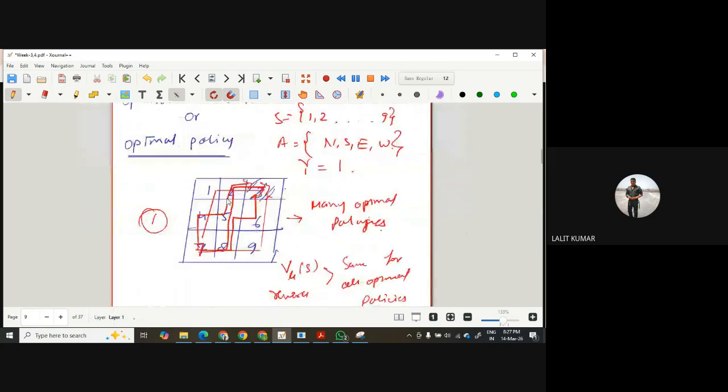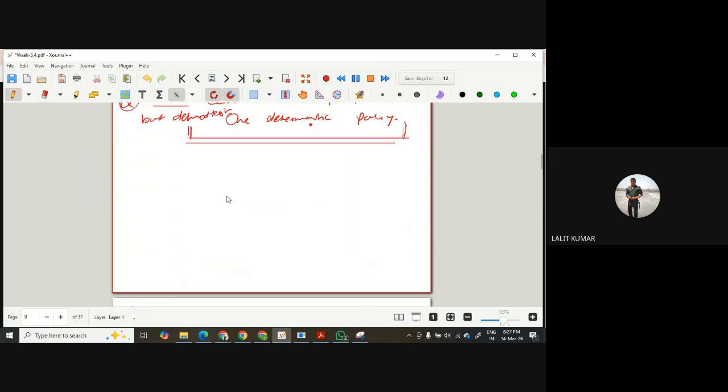Now, how to solve these kinds of questions? For example, we are asked to find a V star. Remember, there is a question in the PYQ: here is state 1, here is state 2, here is state 3. State 3 is the terminal state, and it is written that if I take some action, I come back to this state only with a probability of 0.2 and my reward is 0.1, and I go to terminal with 0.8 and a reward of, for example, -1.